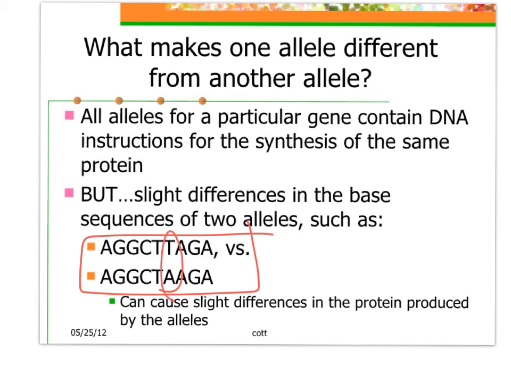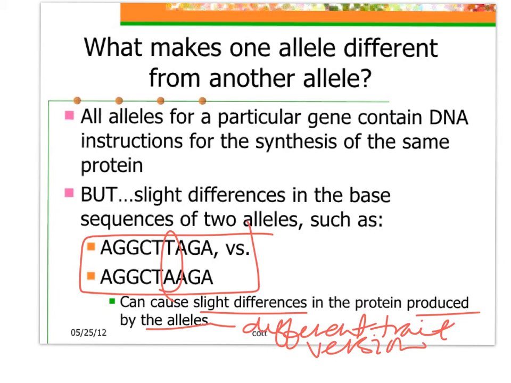Right here. Slight difference in the protein produced by the alleles, different trait version. It's still tongue rolling. It's just can you do it or not? Or it's still earlobe shape. That's the gene. One allele is attached. One allele is detached. They look different because some protein was slightly different that changed the shape during development.